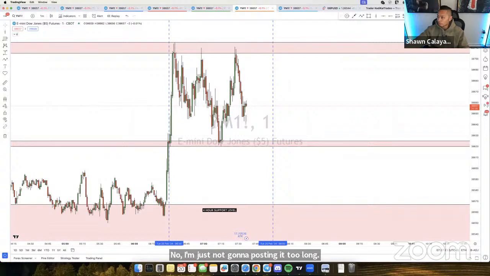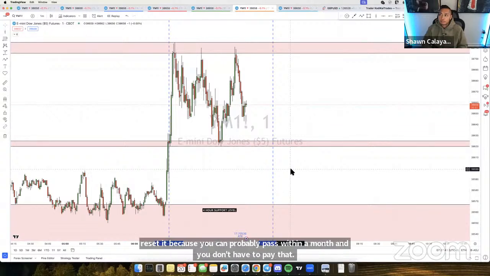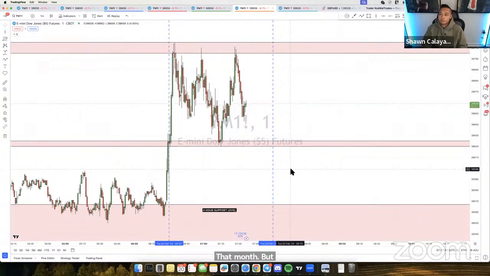Okay, perfect. Yeah, yours is 52. It's all good. If it's cheaper than the monthly, then I would just reset it, because you can probably pass within a month and you don't have to pay that month fee. I would try to figure out what's cheaper, right? Is it cheaper to reset, or is it cheaper to just buy a brand new account?